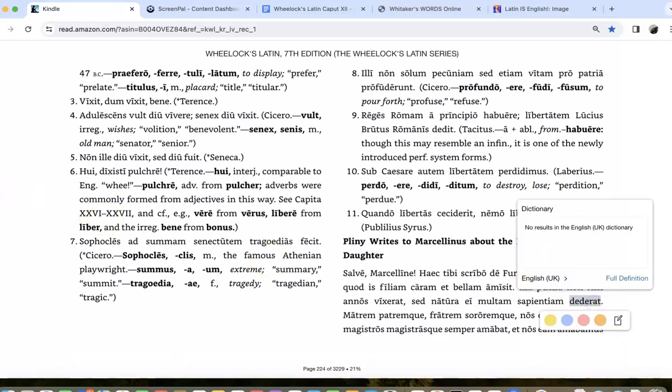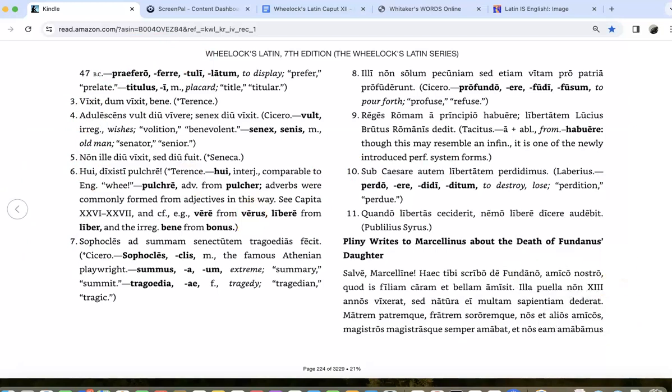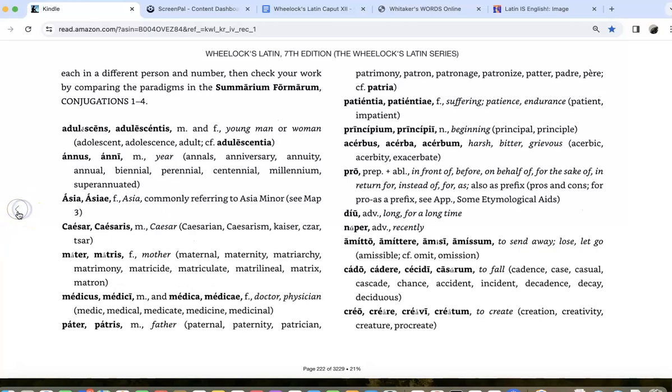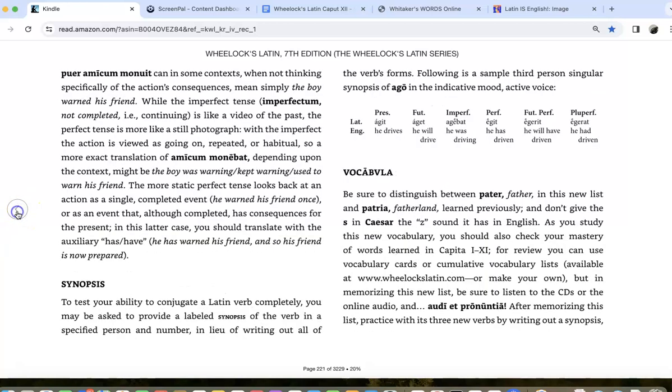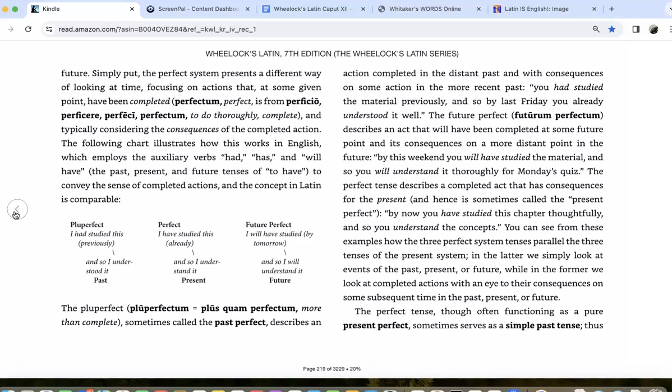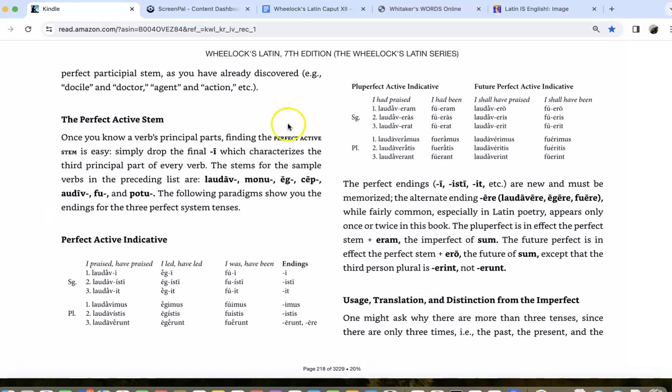So this is something, if I go back, let's see. So this is the pluperfect because we have the perfect stem with erat. We translate that as had plus the participle.